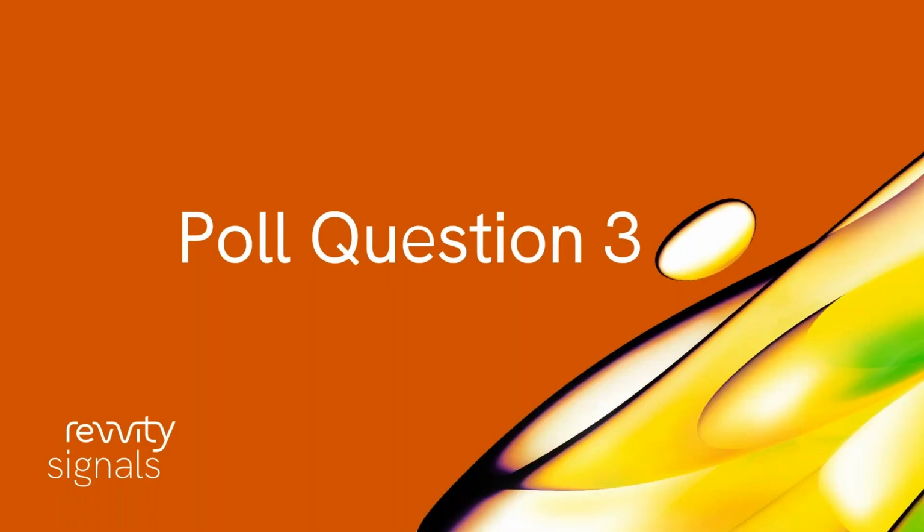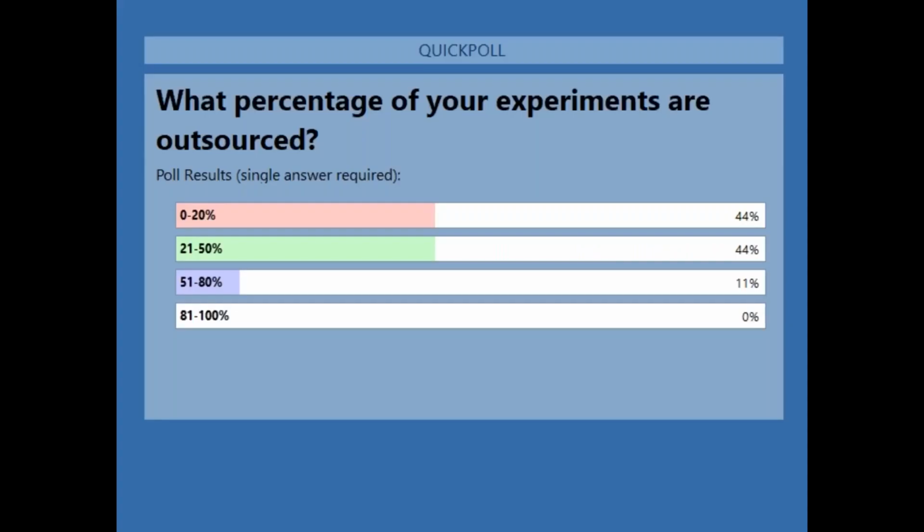Okay. So it looks like we tied on 0 to 20% outsourcing and 21 to 50%. And then about 11% of the attendees are seeing 51 to 80% of their work being outsourced.